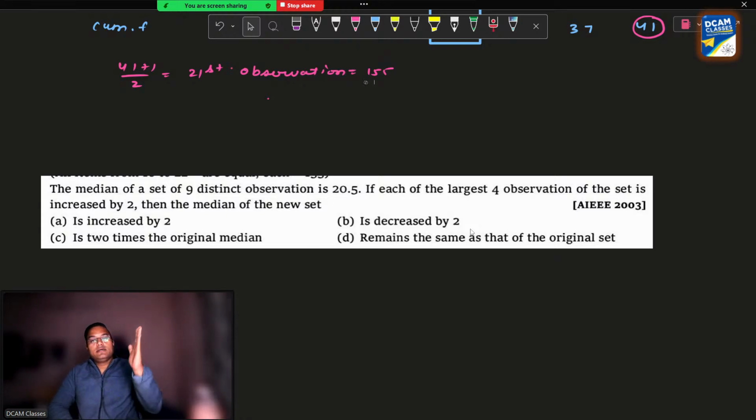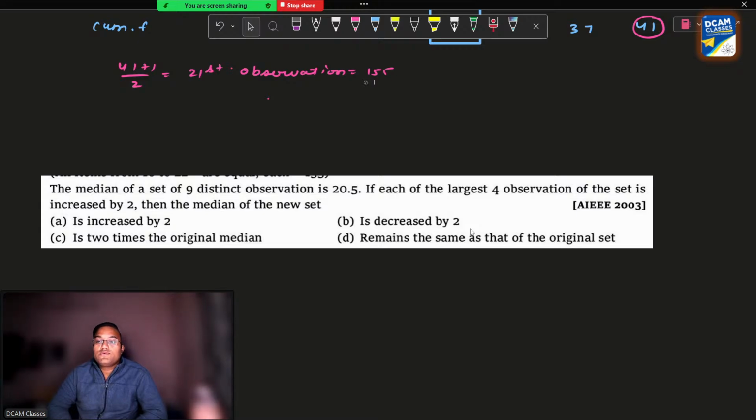There are 9 observations, and when we arrange them in ascending order, the last four observations are increased by 2.